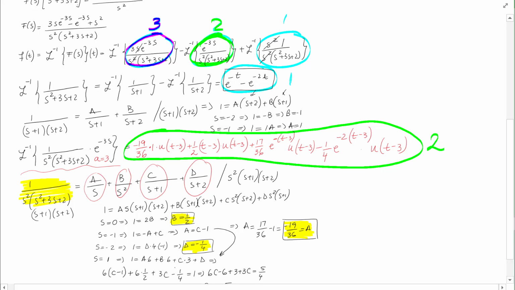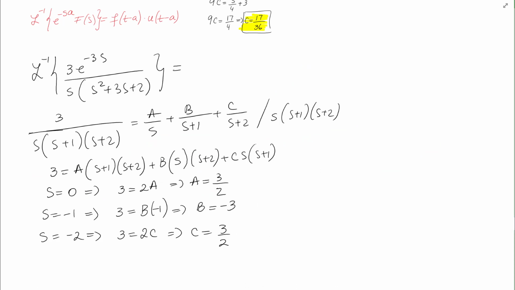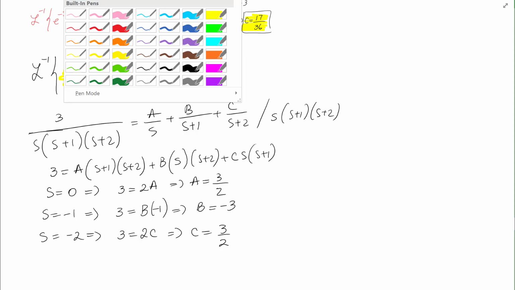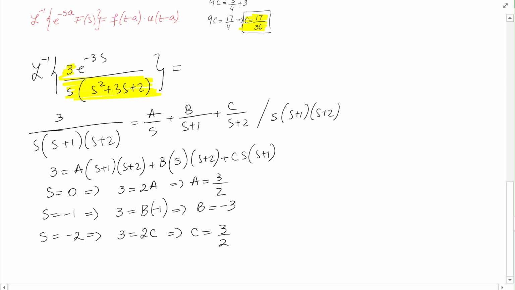And now let's take a look at the third one. I took just this piece without e to negative 3s, and I calculated each of the terms. Again, I used partial fractions, so we obtain a is 3 over 2, and the inverse Laplace transform of 1 over s is 1, so it's times u.